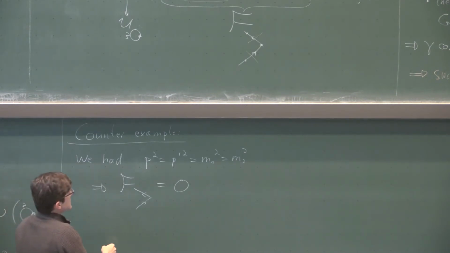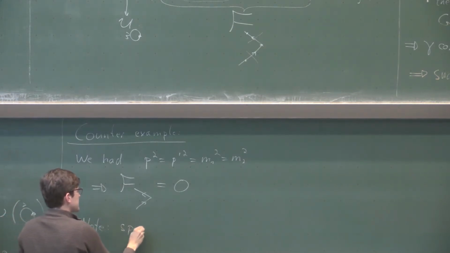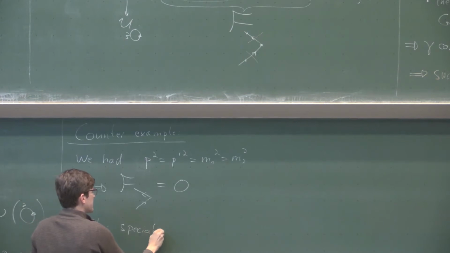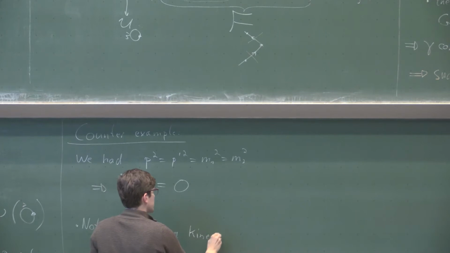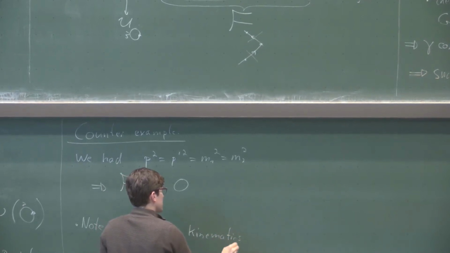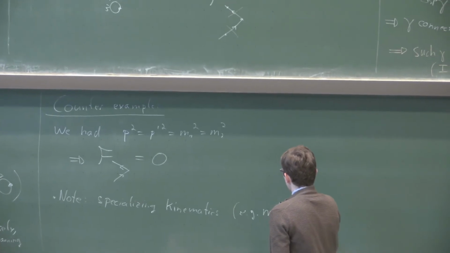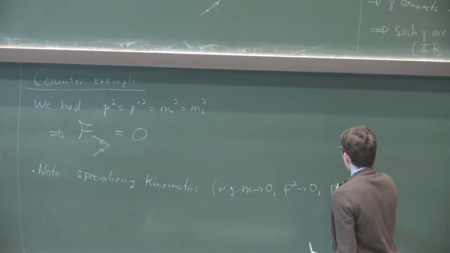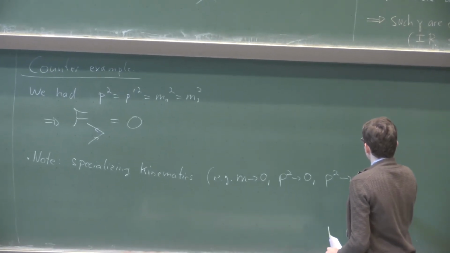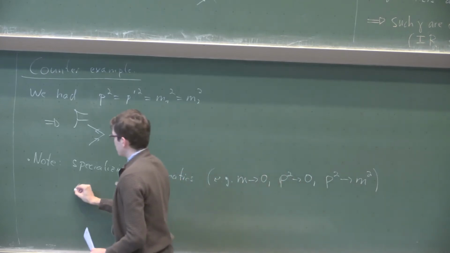Yeah, so you should note that specializing kinematics, for example sending a mass to 0, or sending a momentum to 0, or sending a momentum on shell, changes the power counting.